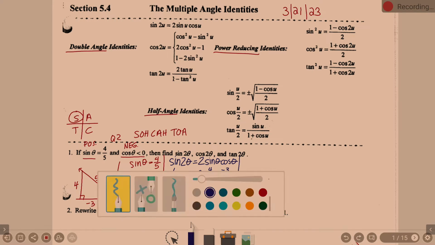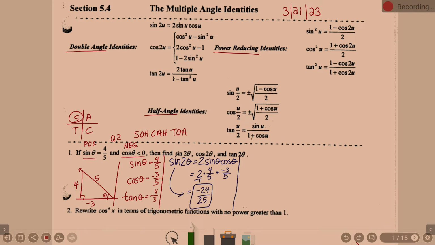We're also asked to find cosine of 2 theta. Do we have to use just one of those equations, or all 3 of them? Here's the deal: cosine of 2 theta is equal to any of those 3 items, so pick your poison, essentially. If you only knew cosine or only knew sine, you'd definitely know what to pick.